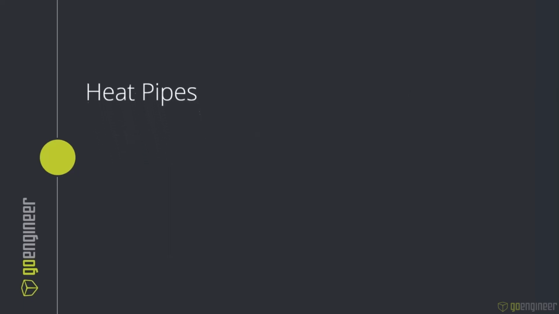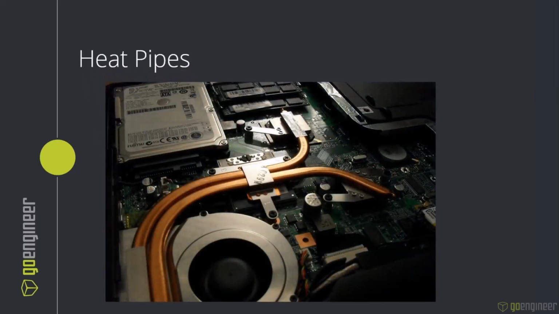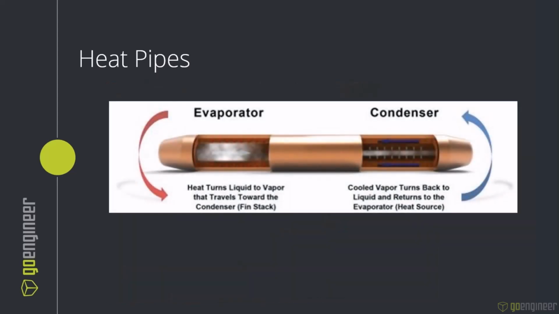All right, so heat pipes. This is what heat pipes typically look like inside an electronics enclosure. Usually they're copper. They are fully enclosed, and they're pretty incredible little devices. The way they work is they have a porous substance that lines the inside of this copper tube. Inside that is also some sort of liquid.